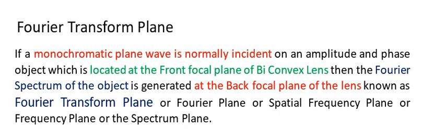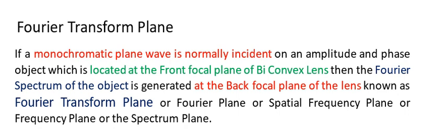All these names are equivalent. So we may sometimes name it the Fourier transform plane, or simply the Fourier plane, the spatial frequency plane, the frequency plane, or the spectrum plane of the optical system.